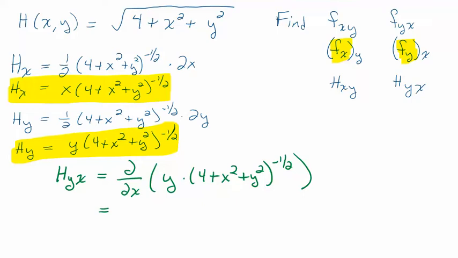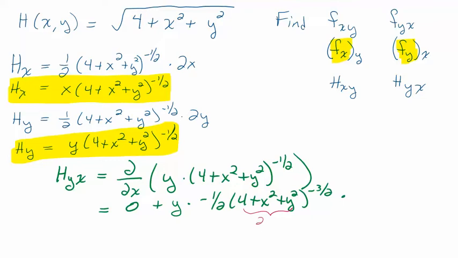So the derivative of the first factor with respect to x, since this is a y, is going to be 0 again. So I'm not even going to write the second one. Plus, then I could do the first times the derivative of the second, which is negative 1/2 (4 plus x squared plus y squared) to the negative 3/2 times the derivative of the inside piece here, partial with respect to x this time.